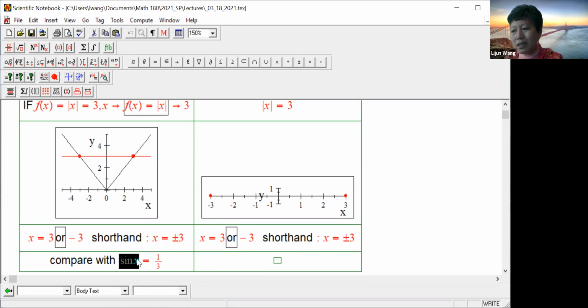If the output of this function is 1/3, if the output of the function is 3, do you guys see that similarity? What I emphasize is you look at the structure of the sentences. That if statement, the only difference is the rule is different.